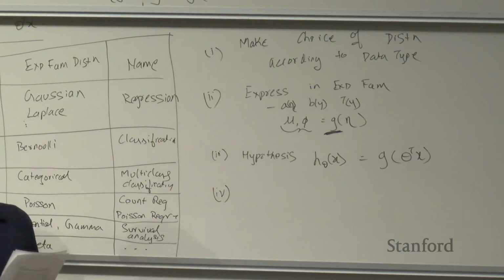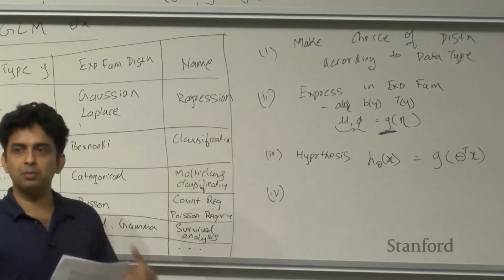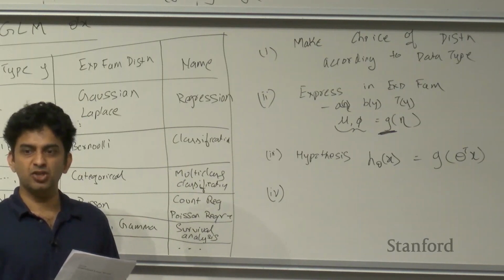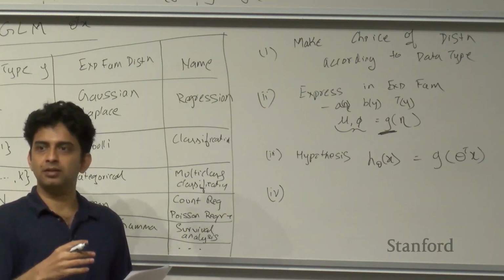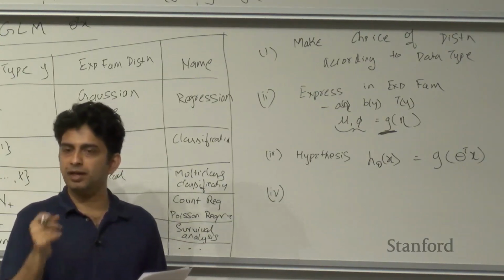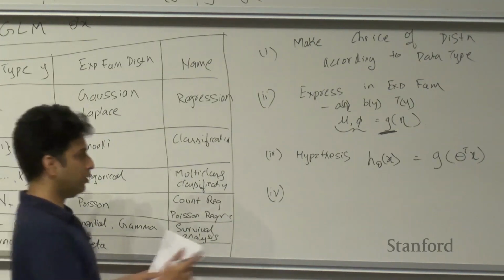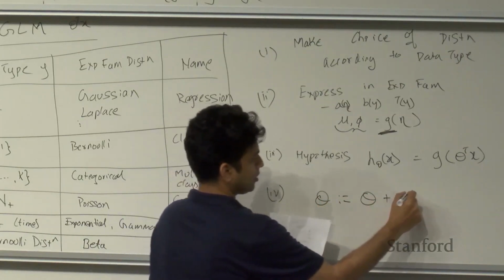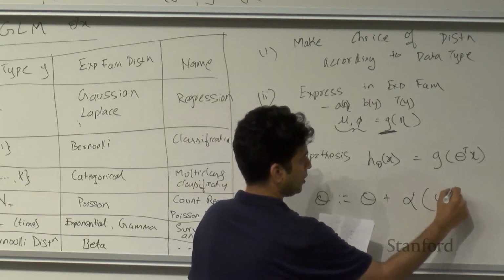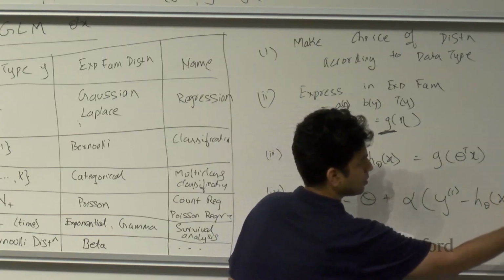And probably the most useful benefit of building a GLM is that once you do this, in order to perform maximum likelihood estimation, you don't really need to write out the log probability, take the gradient, and derive an update rule. The update rule for all generalized linear models is the same rule, and that rule is theta equals theta plus some step size alpha times yi minus h theta of xi times xi, right?